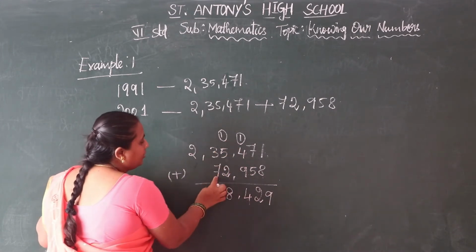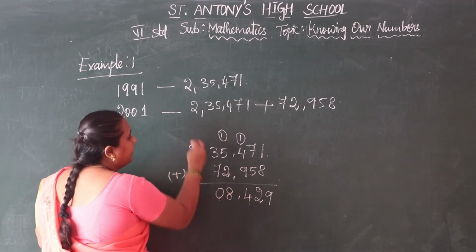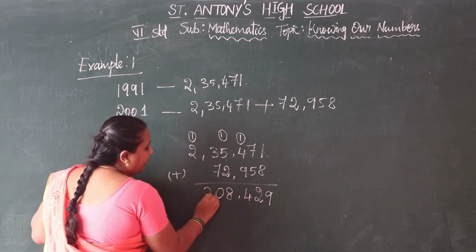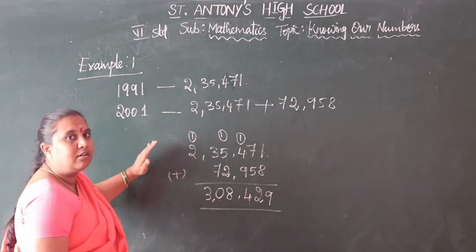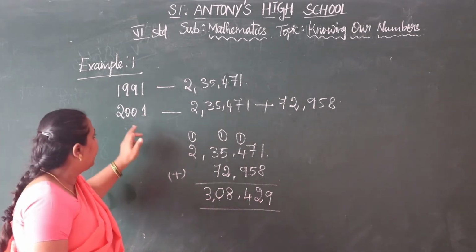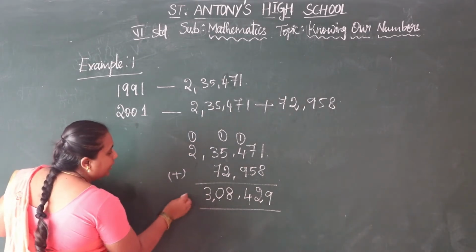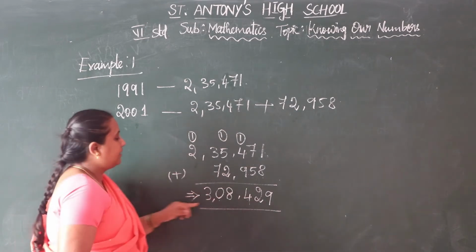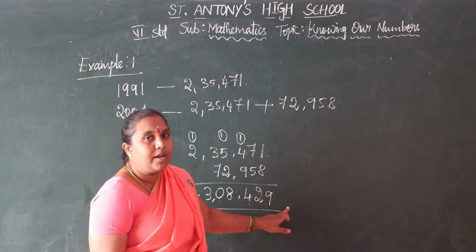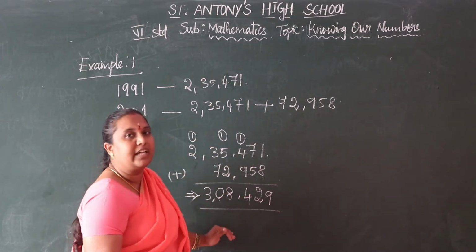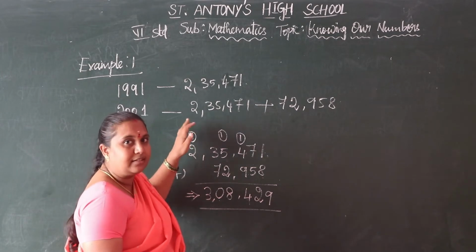Then 7 plus 3, 10, so we write 0 here, and 1 is carrying here, so 3. Therefore the population of Sundarnagar in the year 2001 is 3,08,429. Understood, children? So that is how to calculate the population in this sum.